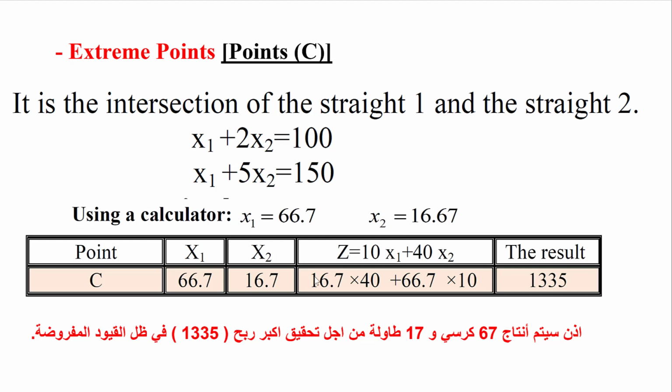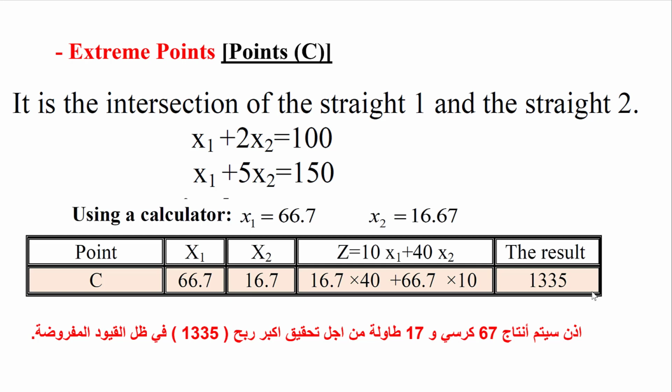So we can substitute those values in the main objective. z equals 10x1 plus 40x2, which is 16.7 multiplied by 40 plus 66.7 multiplied by 10, so the result will be 1335.